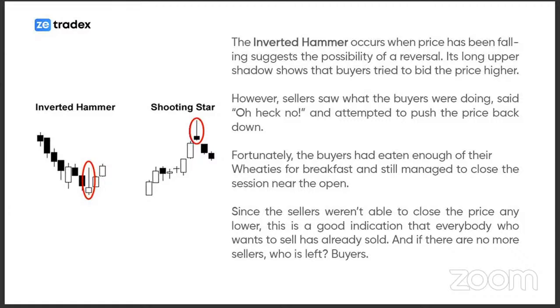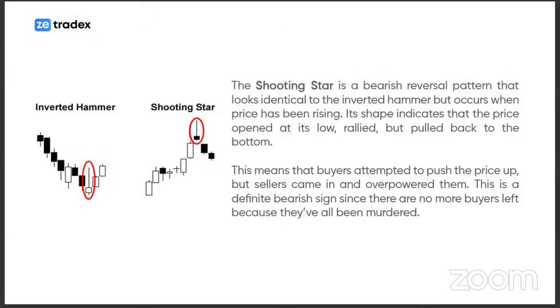Since the sellers weren't able to close the price any lower, it was a clear indication that everybody who wanted to sell at that point had already sold. And if there are no more sellers, what is left? Of course, the buyers. So when you see that candlestick pattern, it means a total reversal. You see a series of sell candlesticks, and then you notice an inverted hammer, total reversal in process. So always take a hint of that. Always be ready for that. Next page, please.